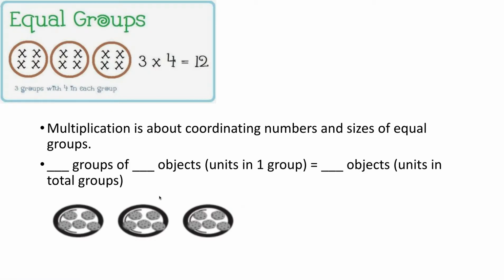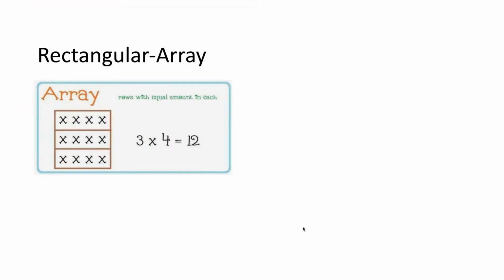How many cookies are there in total? 15 cookies in total, right? Okay. Array model. We do this a lot of times too, because it helps us understand it better, because we know how to find the rectangular area. So array and area model go together.